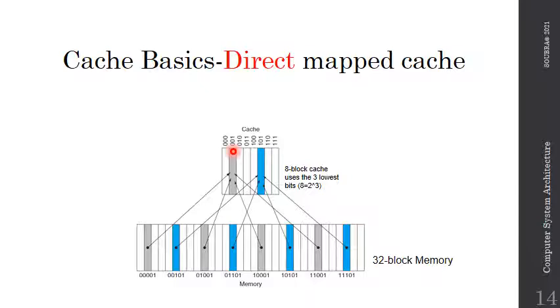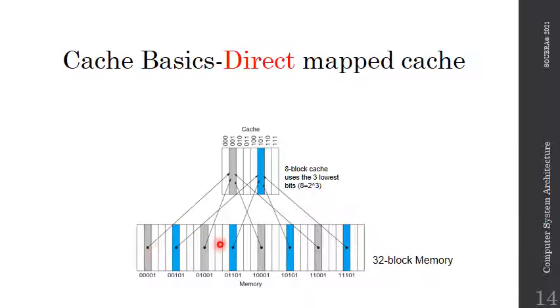So the whole idea is, well, hold on. If the CPU is going to look for any of those gray blocks, it's going to look for it only here, exclusively here. If it's not here, it means it's nowhere to be found in the cache. Fair enough. So this is direct map cache. This is one of the mechanisms that are implemented out there.